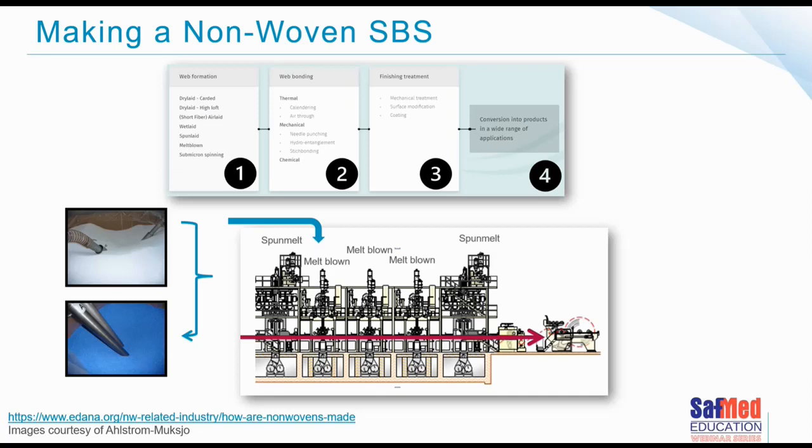The spun melt material popped in, then a melt blown, then a melt blown, then a melt blown, then a spun melt. It depends on the materials, who the manufacturer is, as to what that order is. Maybe it's a spun melt, a melt blown, and a spun melt. It's possible to have it the other way around, MSM. The ones in South Africa that we know are SMMSs and SMSs mostly. And the last part of the process is the actual web formation.